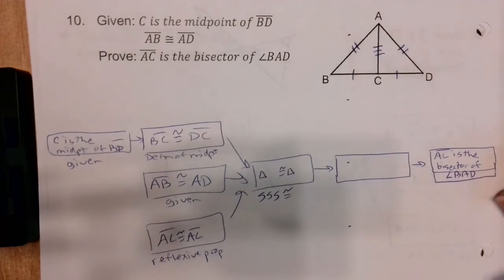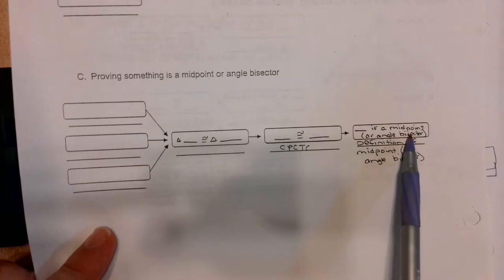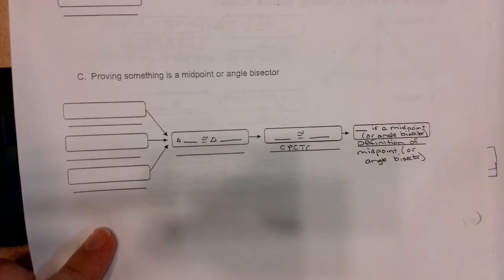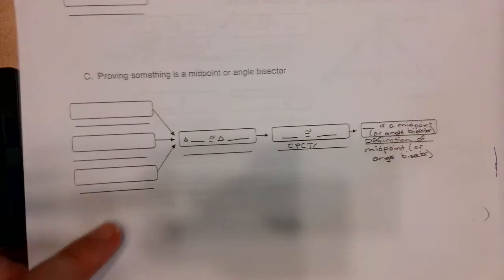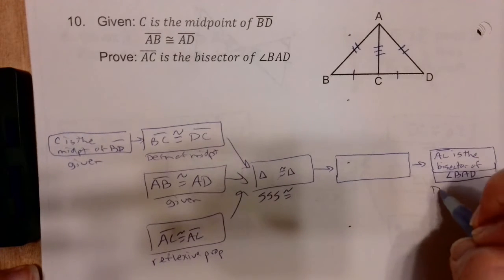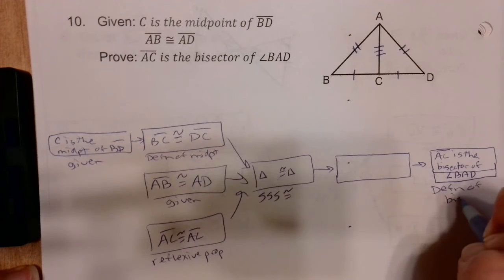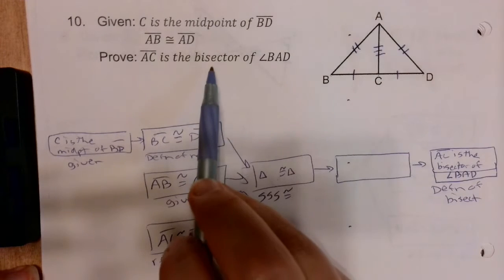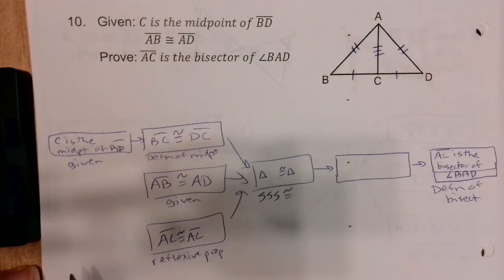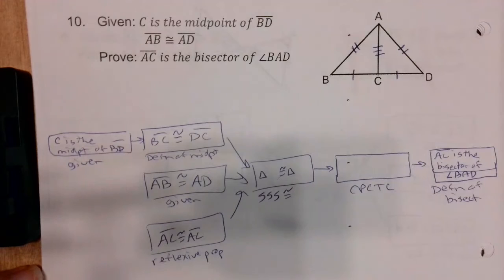This one says bisector. According to the survival guide, the 3rd box is definition of midpoint or angle bisector. This one's going to be definition of bisect, because of the word bisector. Underneath, the 2nd box has to be CPCTC. Now, just missing 2 parts.